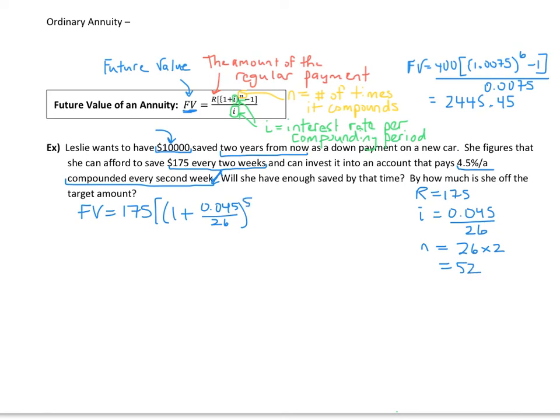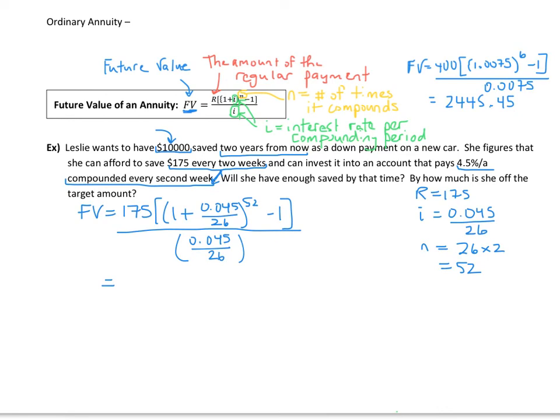So this will be a 52, and then we have our minus 1, close the bracket, and we're going to divide that by the answer we get when we do 0.045 divided by 26. Lots of stuff to put in our calculator here, but again, I'm going to do this all in one big calculation to avoid rounding errors. So 0.045 divided by 26.